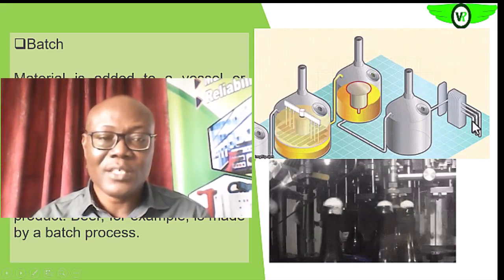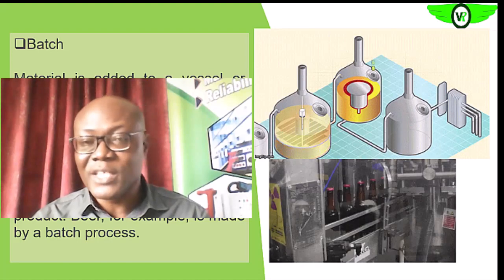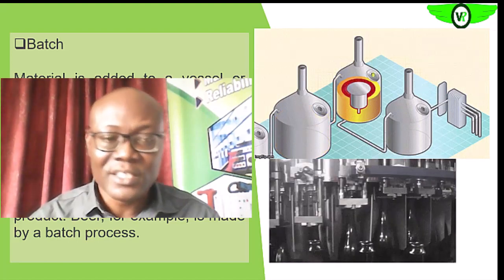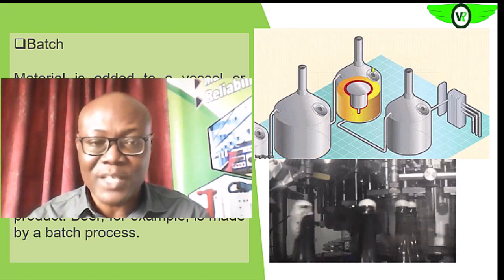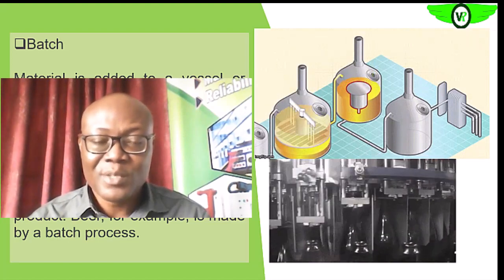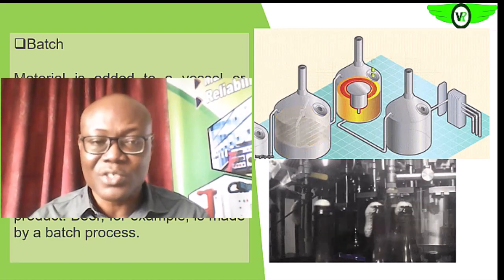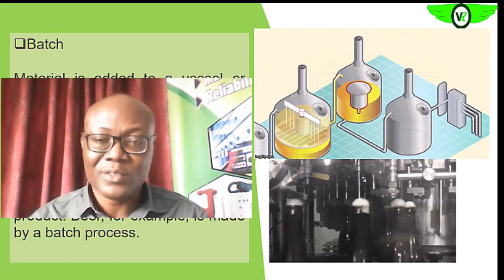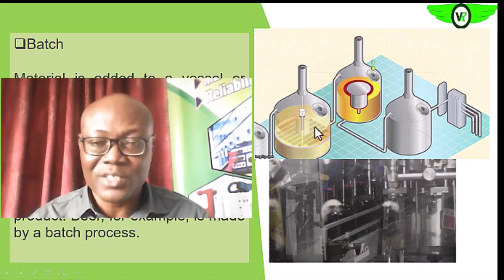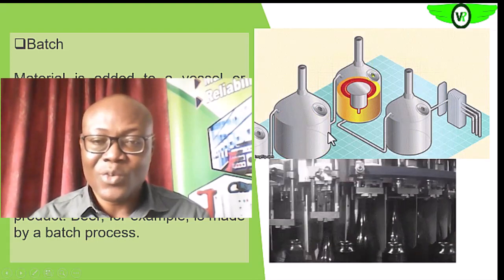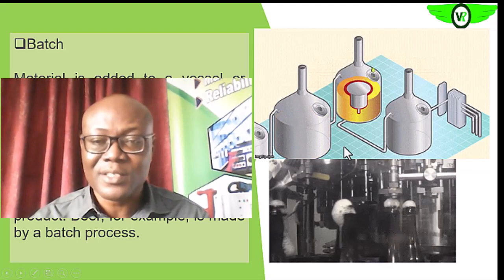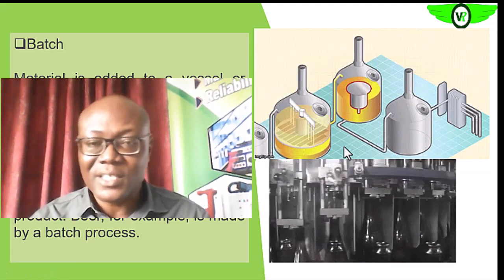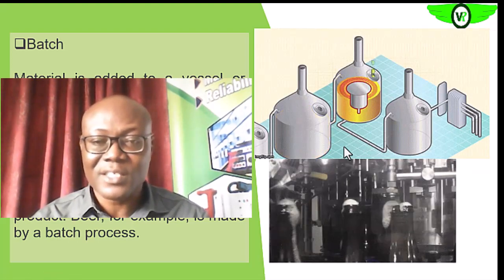A notable example of an industry engaging in this kind of process, this batch process, is the beverage or beer industry, or the soft drink industry. The raw materials could be mixed at a certain stage, heated at a certain stage, and filtered at a certain stage.